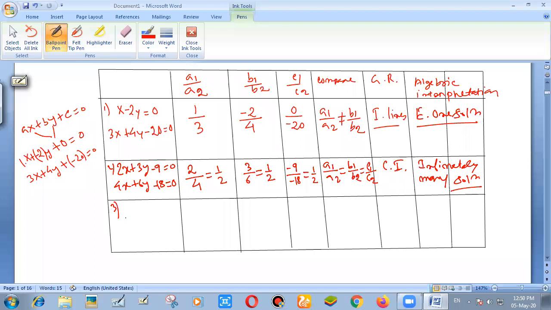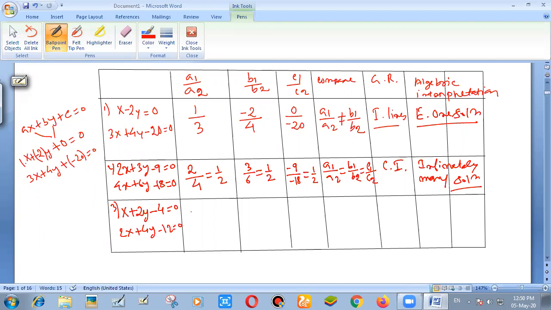Now see the question, equation number 3. X plus 2y minus 4 equal to 0, then 2x plus 4y minus 12 equal to 0. Now all of you tell me the value of a1 and a2.